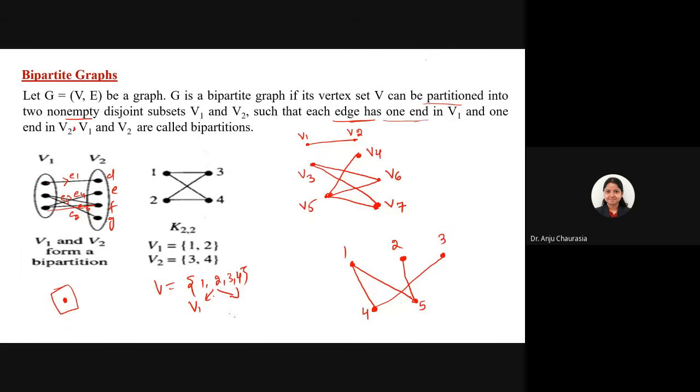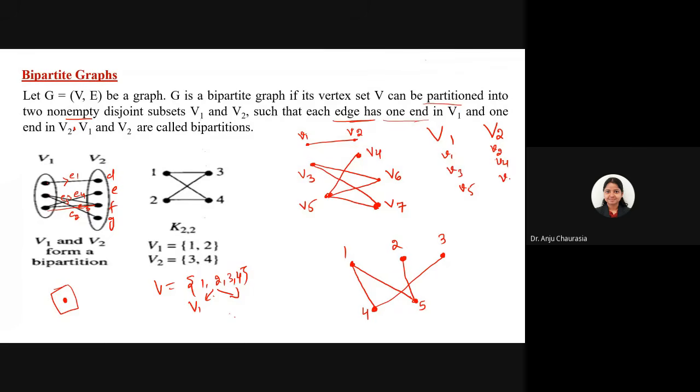If an edge is there, you have to check that one end of that edge comes from V1 and the other from V2. Suppose the names are given as V1 and V2, small v1 and v2, you understand like this. So here V1, V2, V3, V5, V4.